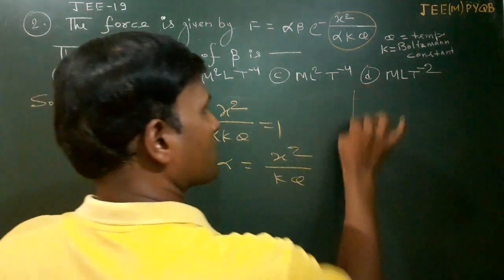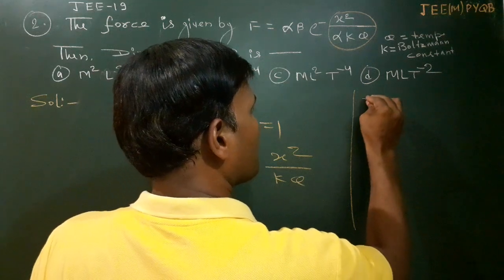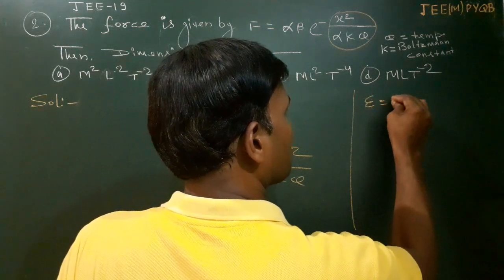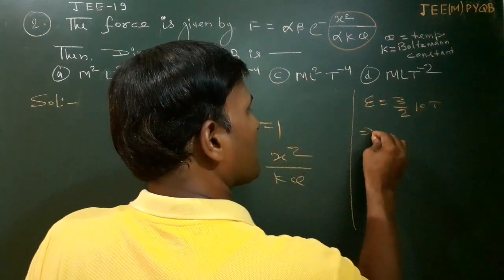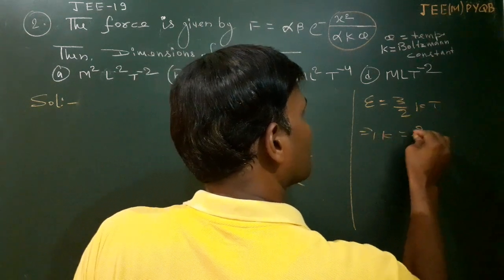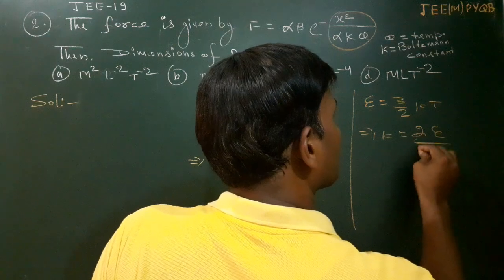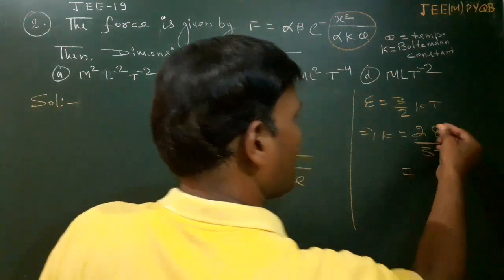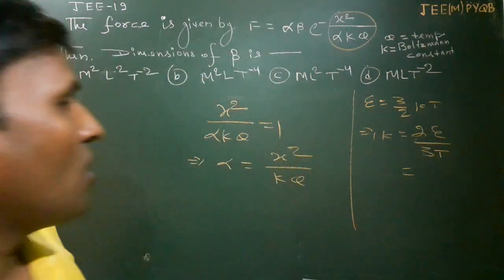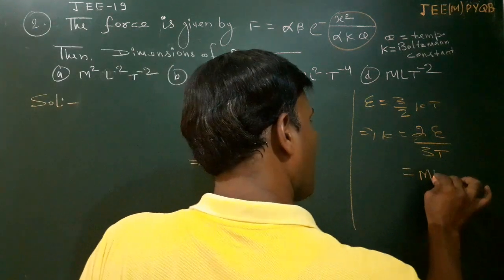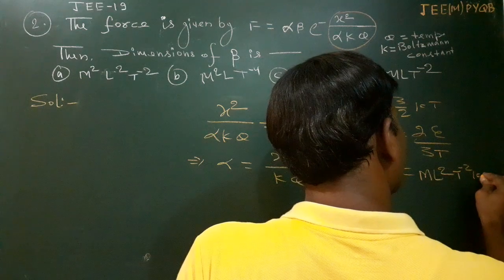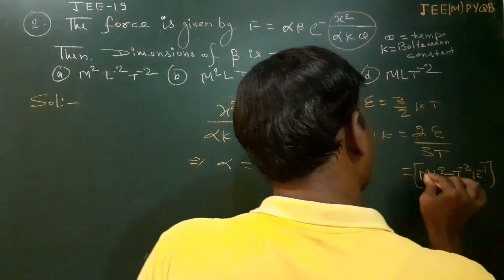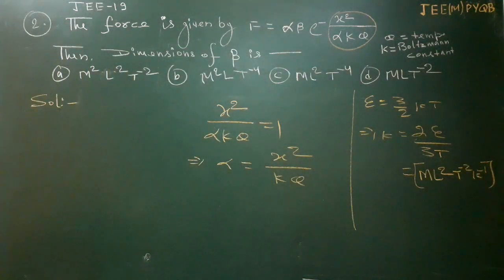K is the Boltzmann constant, so we can write the kinetic energy E equal to 3 by 2 kT, which implies k is equal to 2E by 3T. Put in the value of E and all things, then we can find M L2 T minus 2 K minus 1; this is the dimension of the Boltzmann constant k.